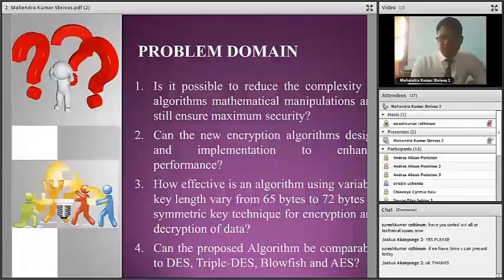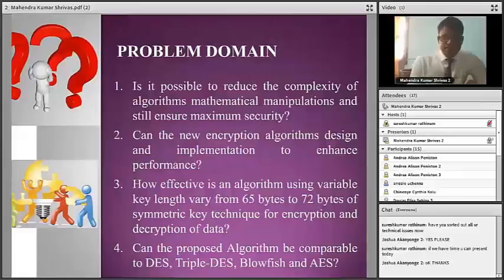Can a new encryption algorithm be designed and implemented to enhance the performance, right? Because we have small devices with limited resources. So can we use these algorithms on those devices?